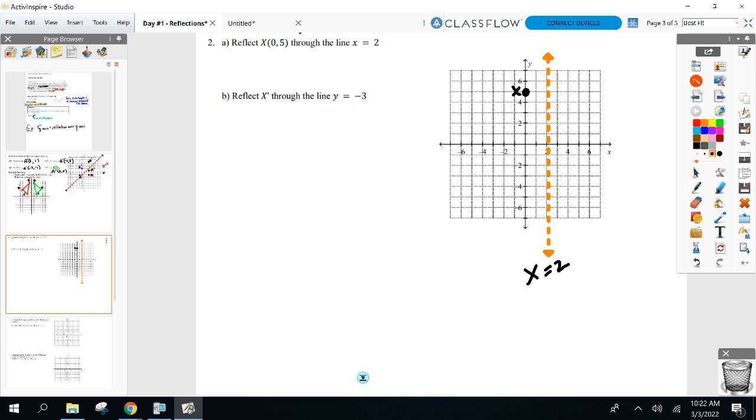All right, go ahead, flip it over. And I'm going to ask somebody for the coordinate here in a second. Count the number of units to the line and go that many on the opposite side. And what do I call this point? X prime. Can't call it X.